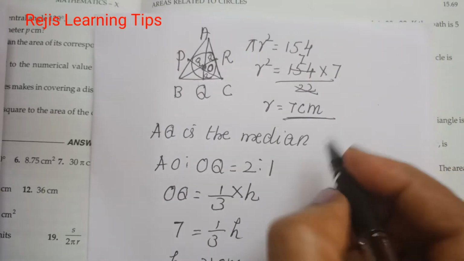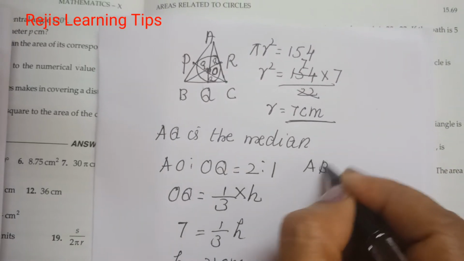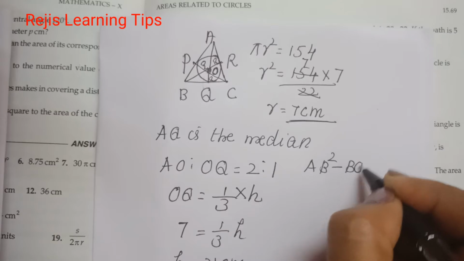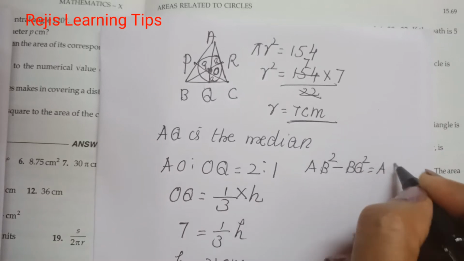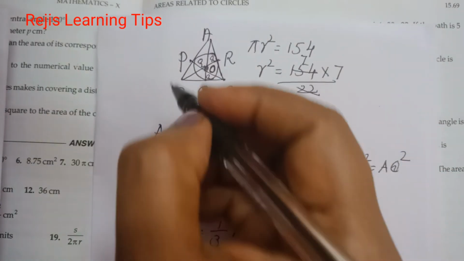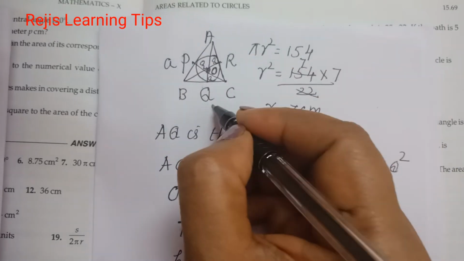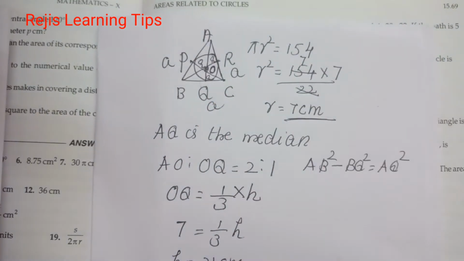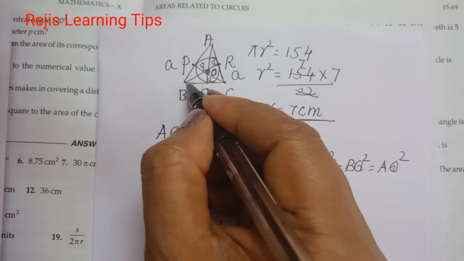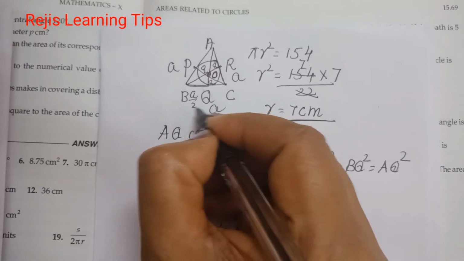Okay. Then AB square minus BQ square is equal to AQ square. AB means side of the triangle, equilateral triangle, so its side is A. So BQ means that is A by 2.